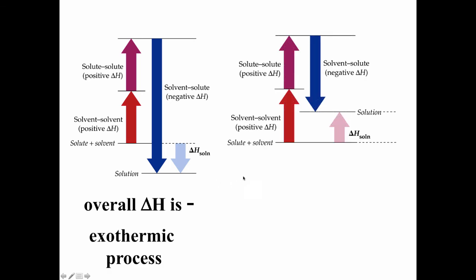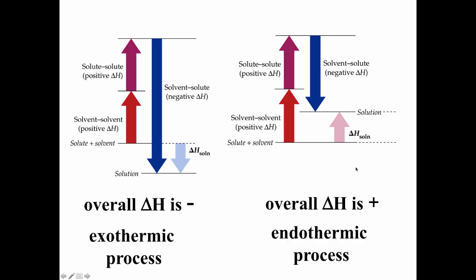And of course that's an exothermic process. Now we could just as easily have the solvent-solvent and solute-solute interactions, which both are positive, add up to something that's less than the solvent-solute amount of energy given off, and then we would have an overall delta H for the solution process that's positive, and that would be endothermic.